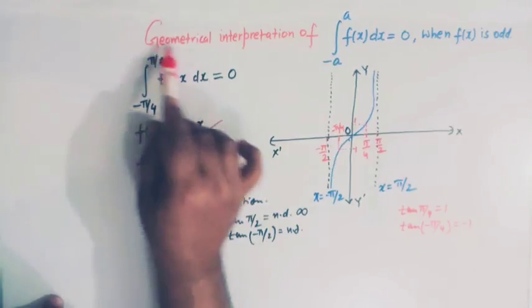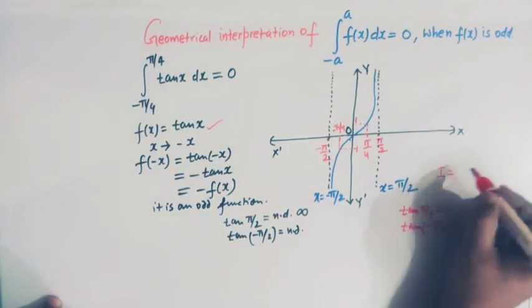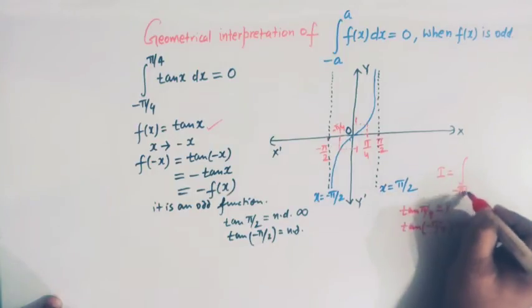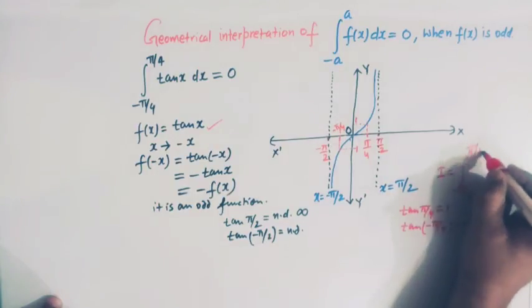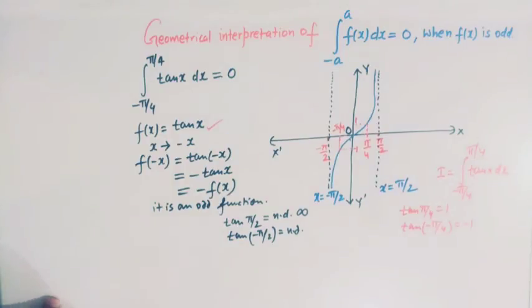So now we have to find the value of this integral from minus pi by 4 to pi by 4 of tan x dx, right? Now by the definition of integration, we know that integration represents the area under curves.